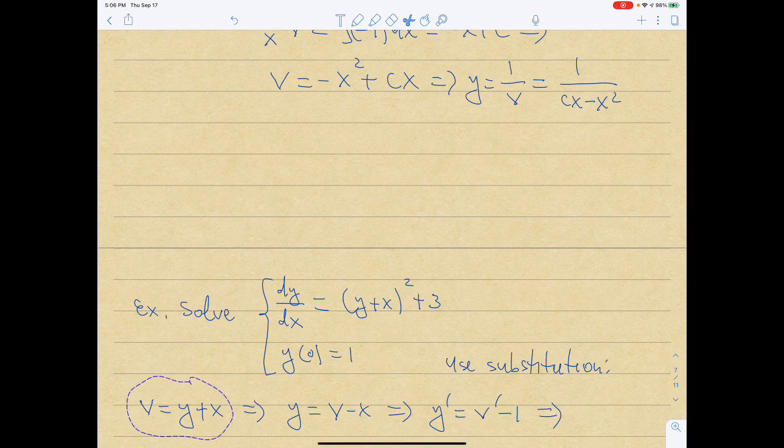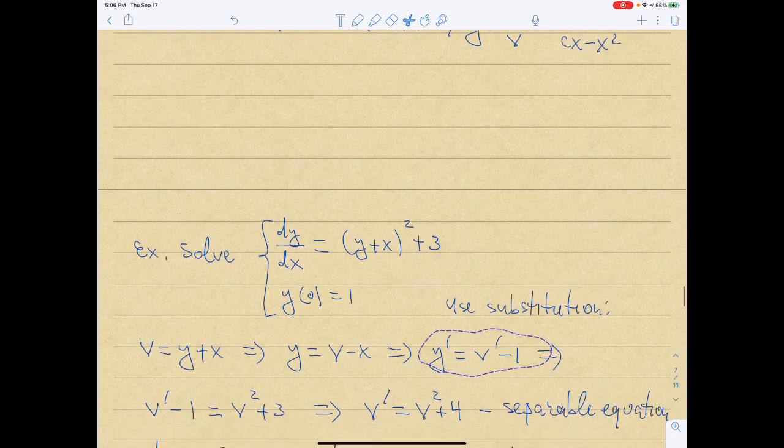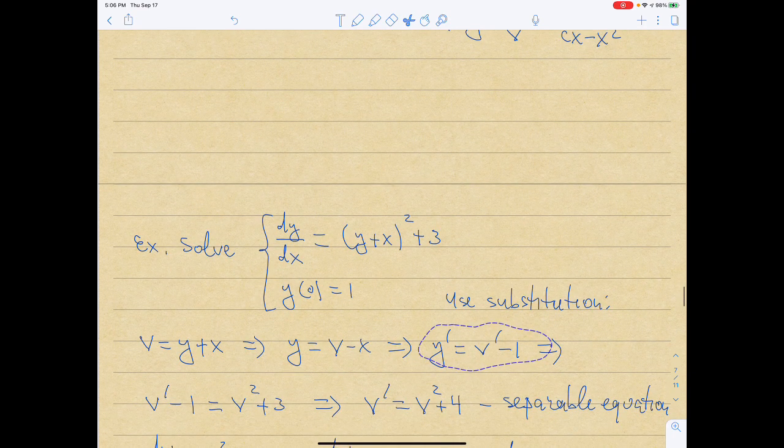And if I make that substitution, then I can solve y for v. And so I'm going to get this. And I can take the derivative of both sides. So y prime will be v prime minus 1. We sub this in. The left-hand side is v prime minus 1. Right side is v squared plus 3. Solve this for v prime. And this is a separable equation, so we should be able to solve it.